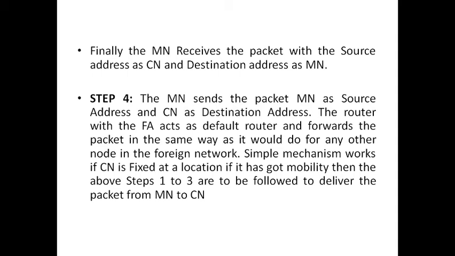As long as correspondent node is a fixed node, then the packet will be transferred as usual. If CN is also a mobile node, and that mobile node is staying out of the home network, if CN is also staying in the foreign network, then the same mechanisms will be followed from step 1 to step 3. Okay, so same things will be followed to deliver packet from mobile node to correspondent node.